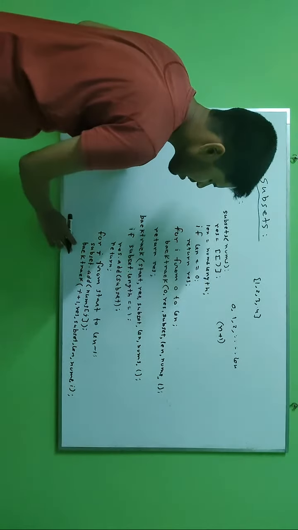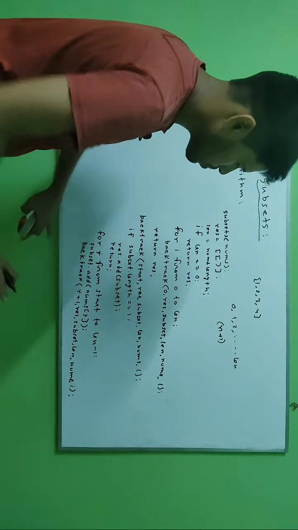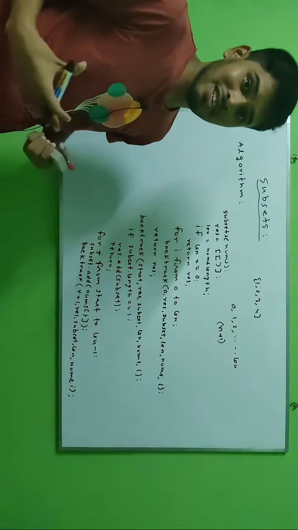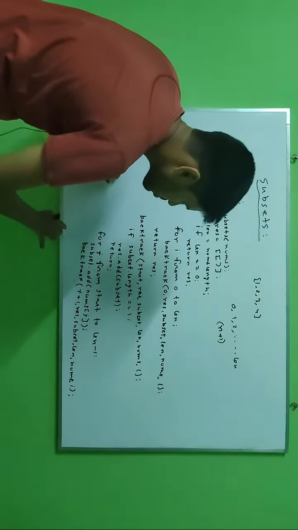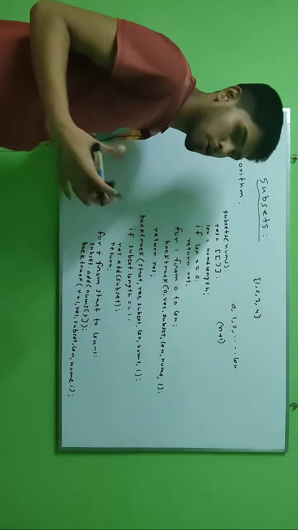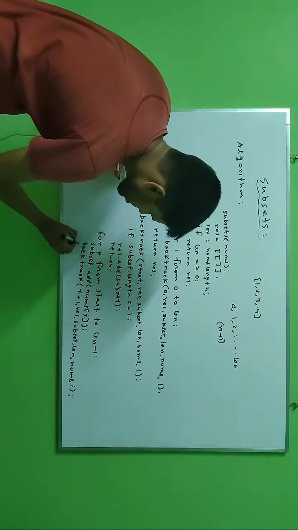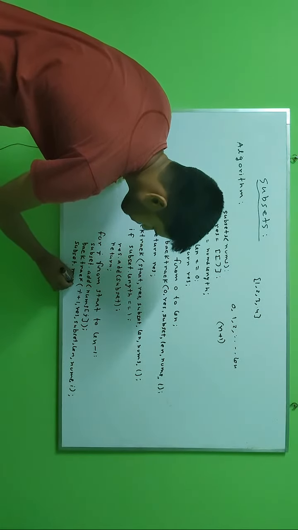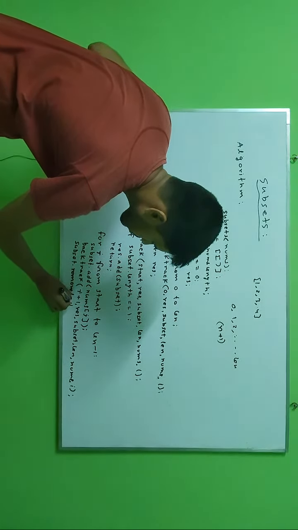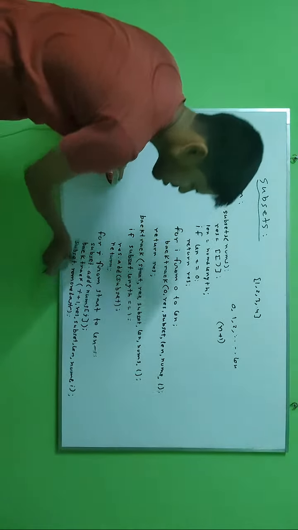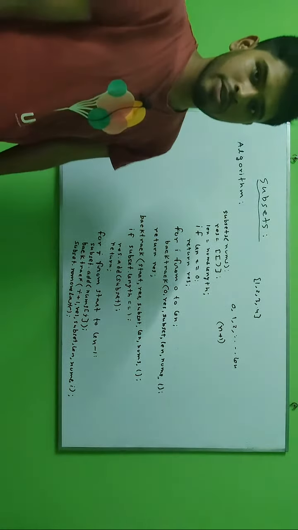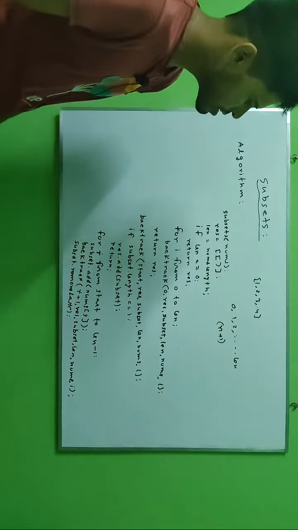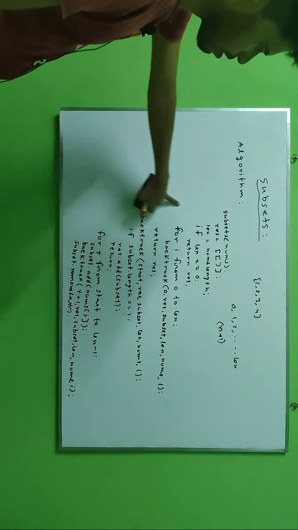And at the end, if we see nowhere to go, we'll just remove the last element: subset dot remove last. This method will remove the last element from our subset. All right, so this is the intermediate algorithm.